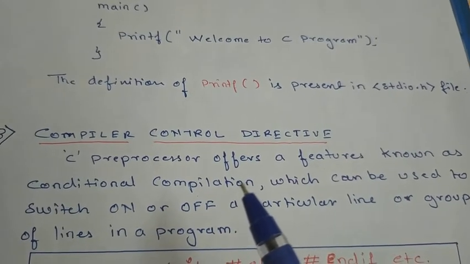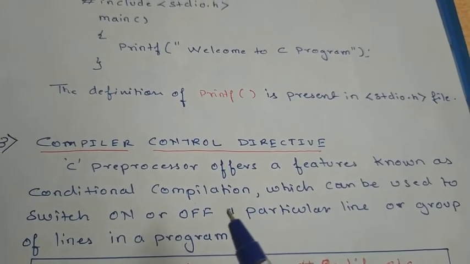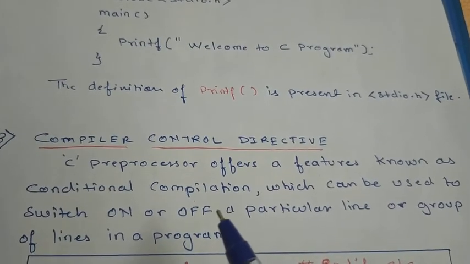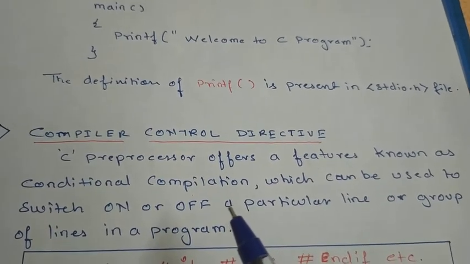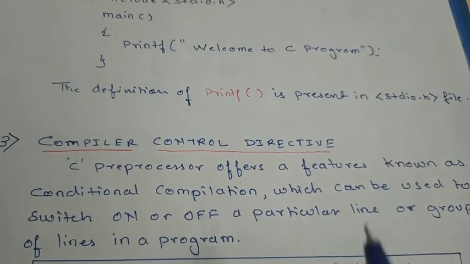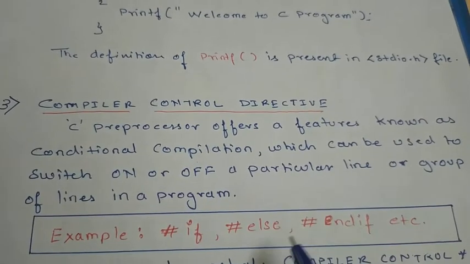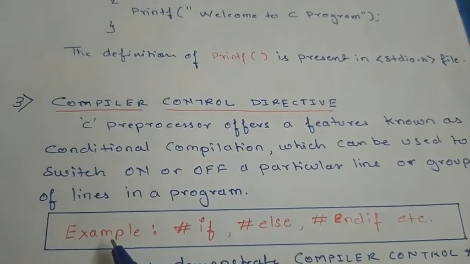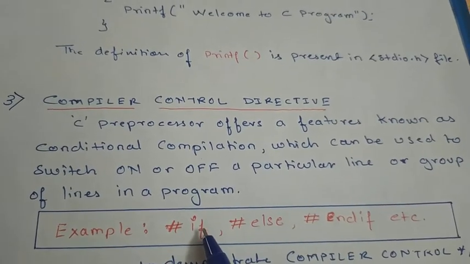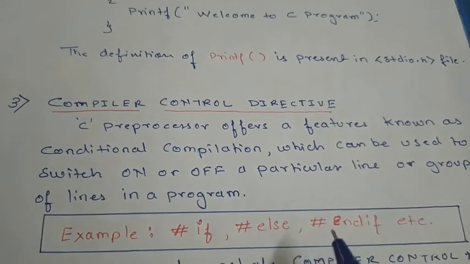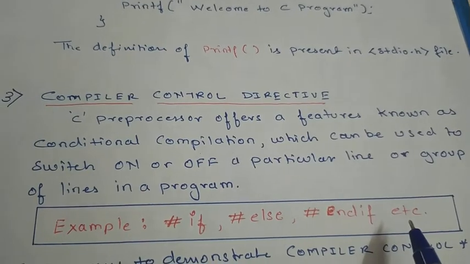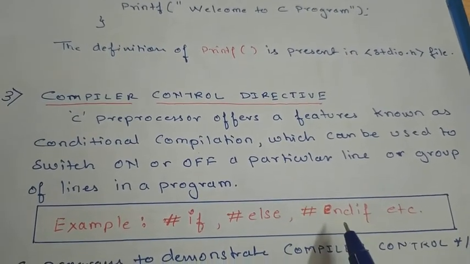It will decide whether to execute a particular set of instructions or not. How? Let's look at it with an example. We have #if, #else, #endif, etc. These are the compiler control directives.